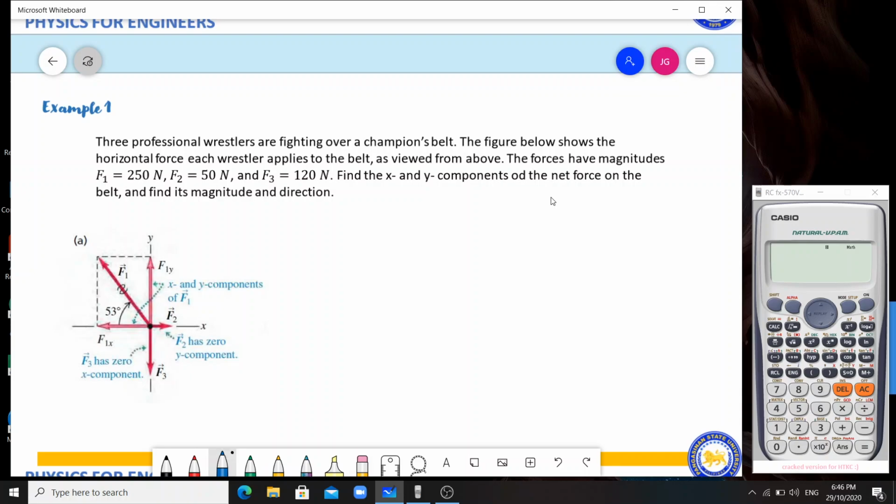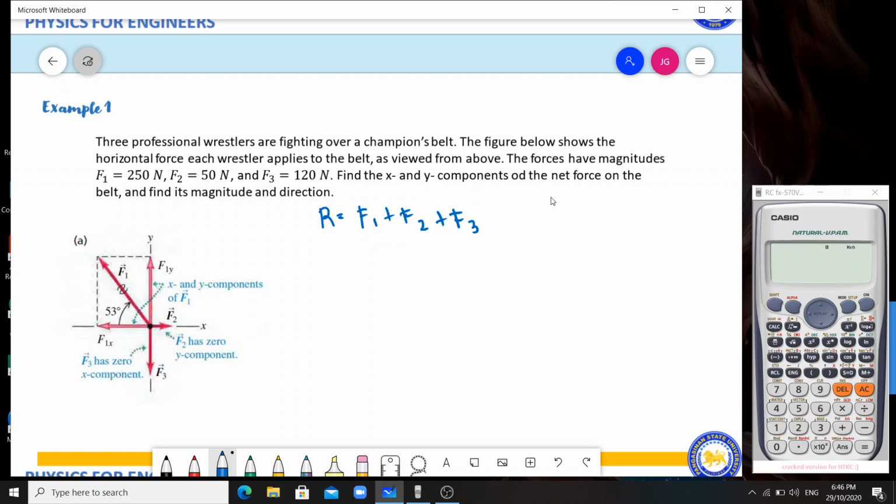According to the superposition of forces, the summation of forces is equivalent to a single force, the resultant. So the resultant is equal to F1 plus F2 plus F3.